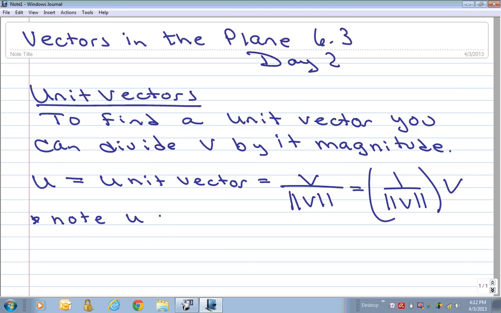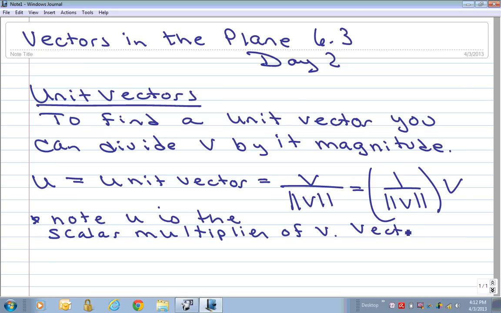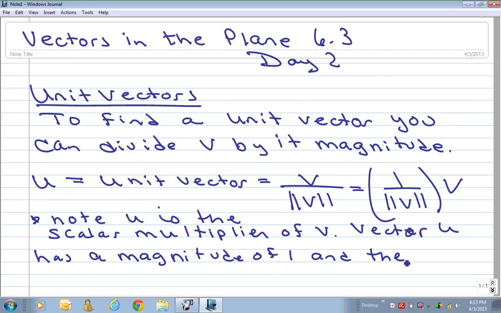We're going to note that U, the unit vector, is the scalar multiplier of the original vector, and that vector U has a magnitude of 1 in the same direction as the original vector.